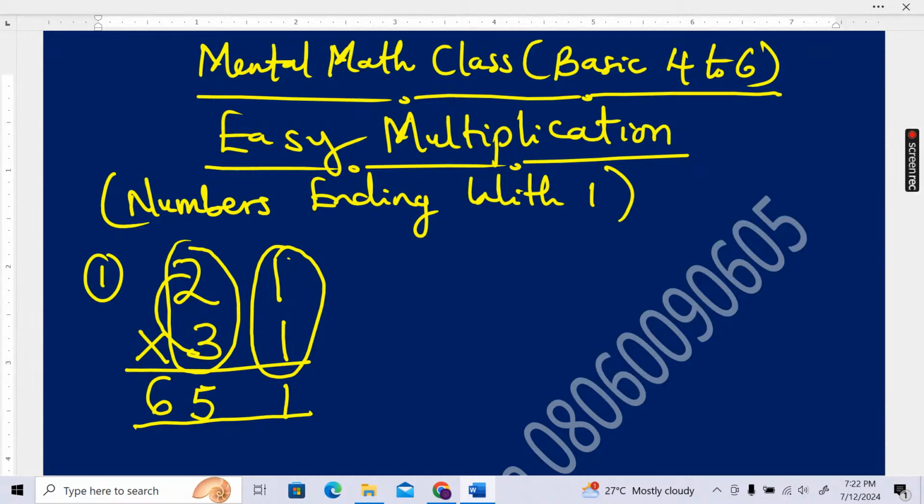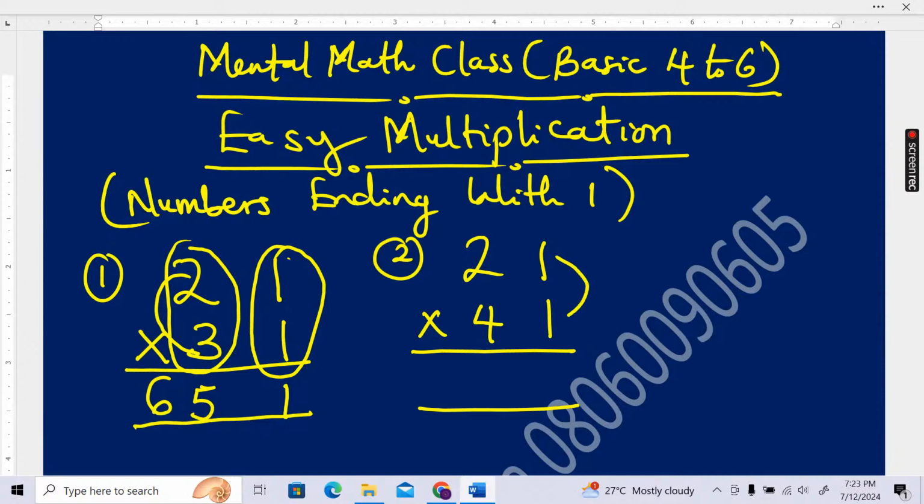Now, another example. 21 times 41. We are going to do the same thing. 1 times 1 is 1. Now, moving on to the digits under the 10 place, you're going to add 2 to 4 first. 2 plus 4, that is 6.